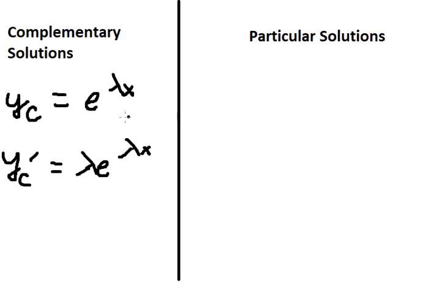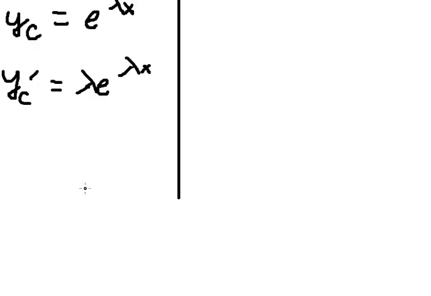Because if we take the first derivative of this one, we keep the same e to the power of lambda x. Then we take the first derivative of lambda x, and you get lambda. And now we need the second derivative of yc, and that is lambda squared e to the power of lambda x.